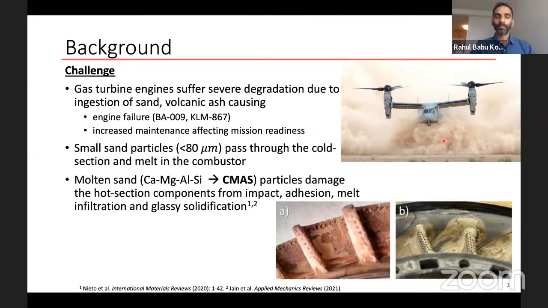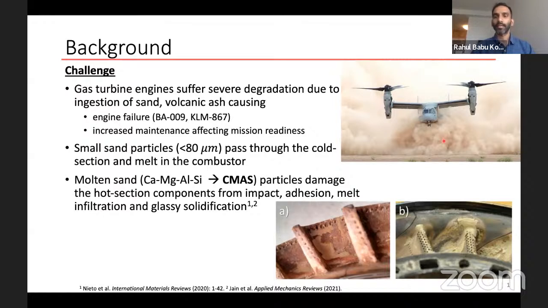This is very much of interest to the Army, since it regularly operates in such environments, and they want to understand the damage mechanisms, because it greatly affects their mission readiness.